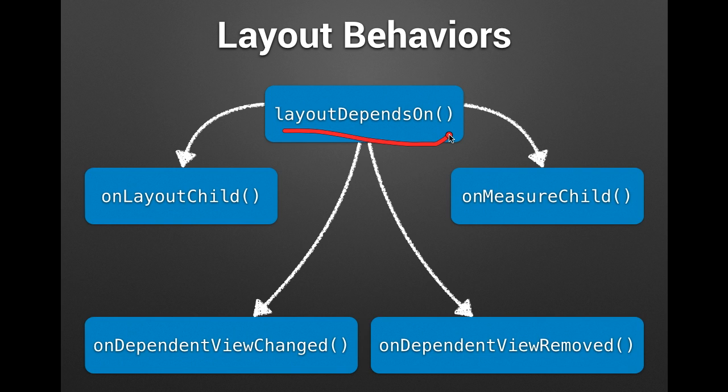Do you depend on this one? Which one of these views do you want to establish a relationship with? And you're responsible to determine, either based on the type of view it is or maybe the specific instance if you have multiple views of the same type, that yes, this is the exact view that the view I'm attached to needs to respond to if it changes its size or position. Okay, so you declare those dependencies by a return value from this method.